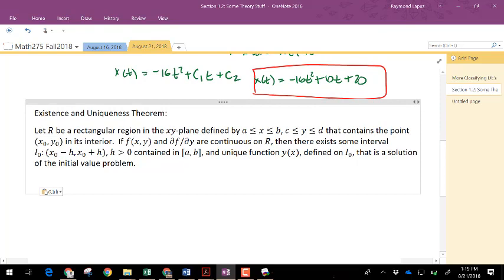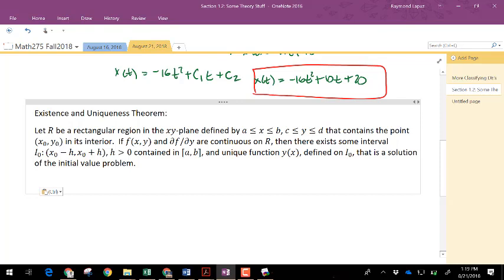So usually when you're trying to solve for these differential equations, there's an implied interest in the domain of this. And so they talk about that in this theorem.